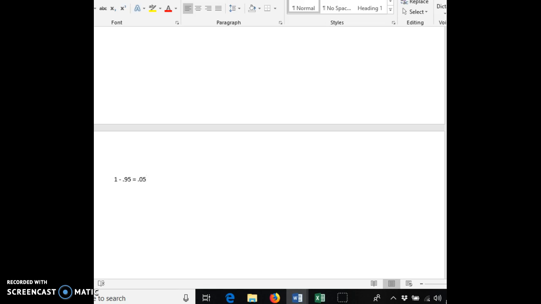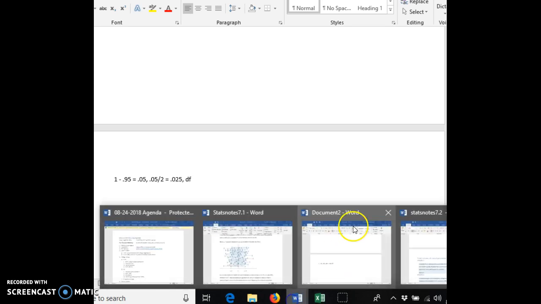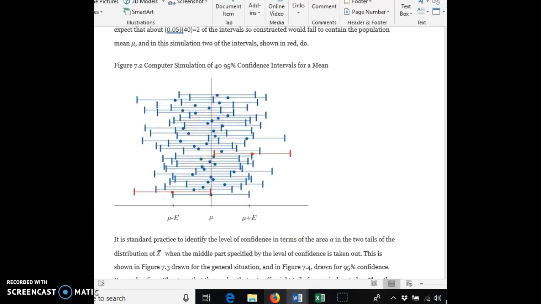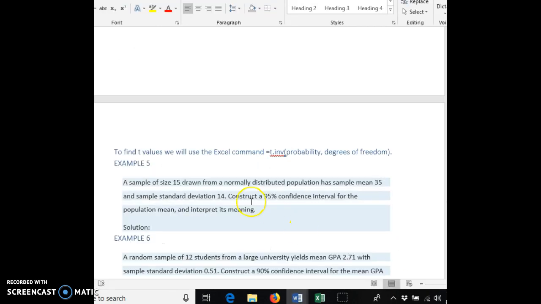That is still the case. Then we take that and divide it by 2, and we get 0.025 in this case. Our sample size was 15 in this instance. Yes, sample size of 15.